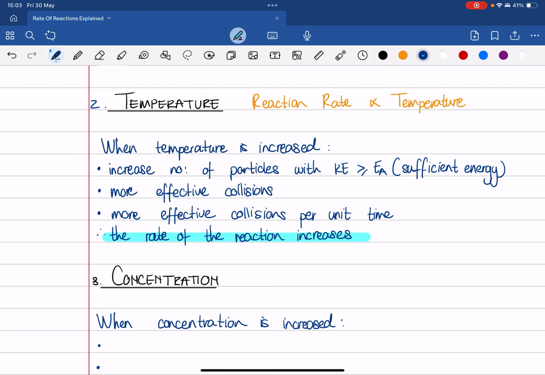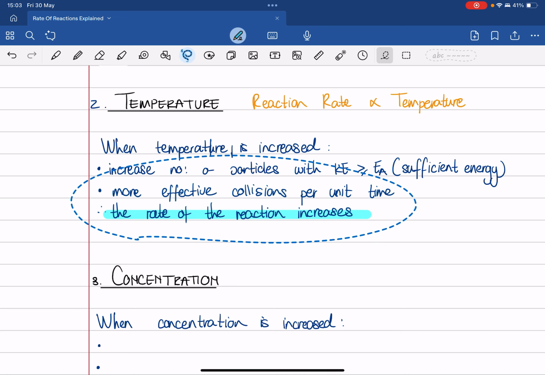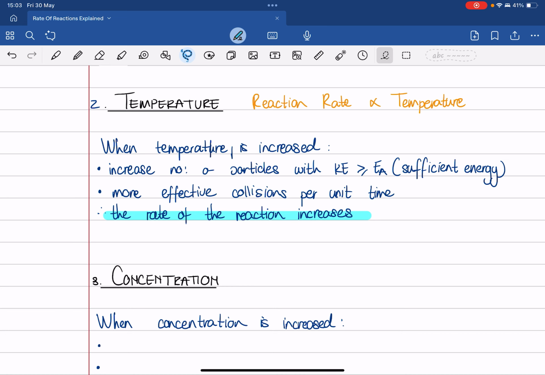And the more effective collisions you have, we already have that statement here, right? So you've got more effective collisions per unit time, and the more effective collisions you have per unit time, therefore the rate of the reaction will increase. So the opposite is also true, right?